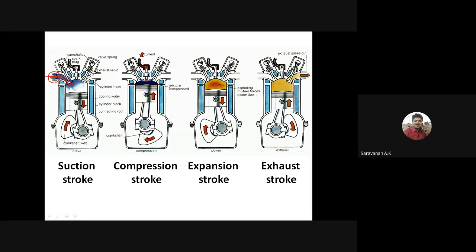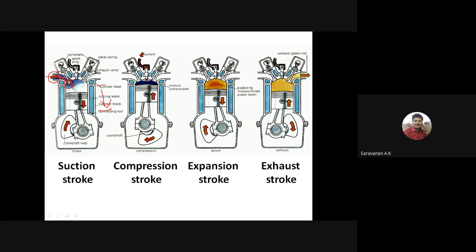The piston travels from TDC to BDC, in the downward direction. While in this condition, the inlet valve is open and the exhaust valve remains closed, right?